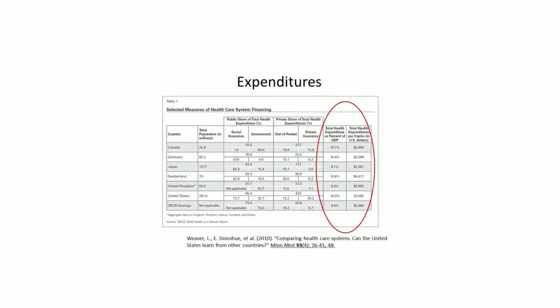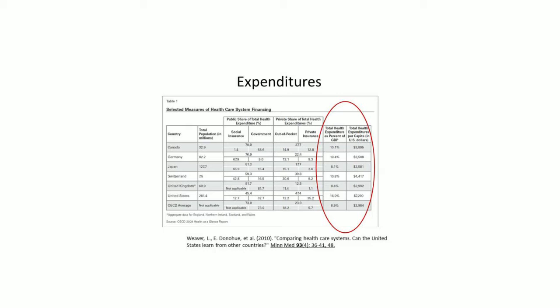Okay, we'll be looking at a set of numbers comparing the United States with other countries. Again, remember, this is also pre-Affordable Care Act, so we'd like to see some changes when we start looking at more current numbers. But one of the issues that people have been focusing on and stating that there is a need to reform the U.S. healthcare system is if you look at the total cost expenditures as a percent of GDP, you can see that the United States is much higher than the other countries.